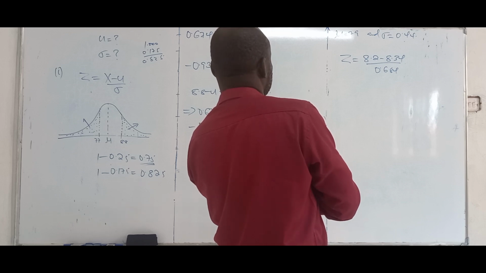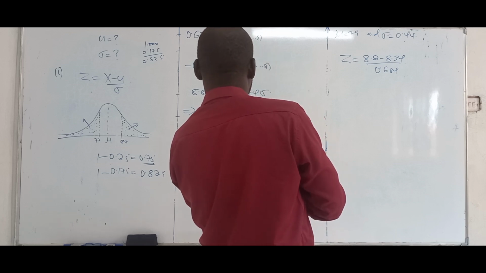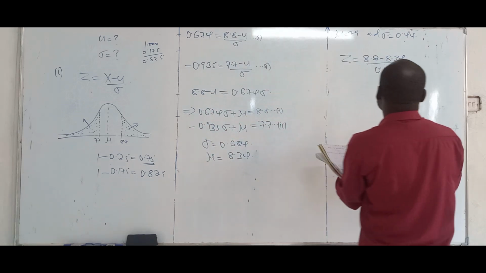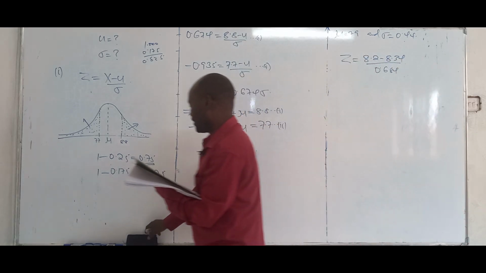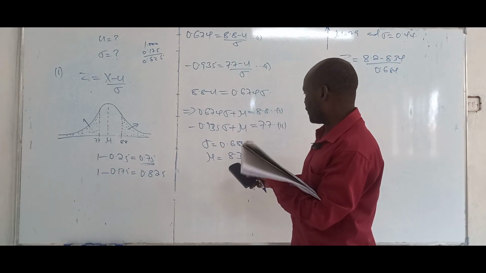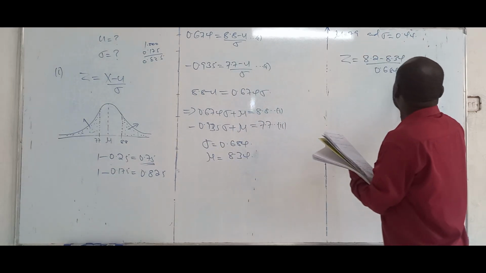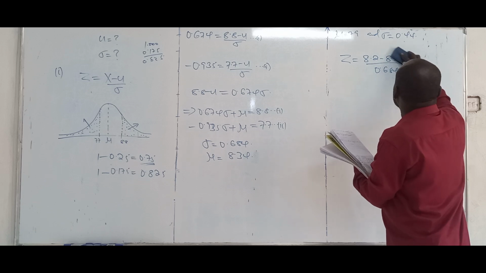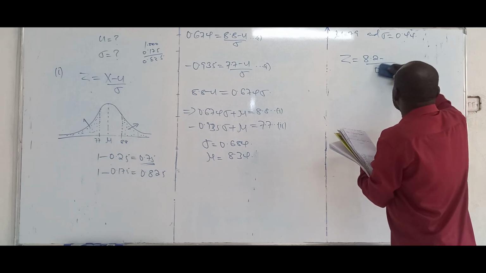Just a moment, let me see. What have I done? I'm confusing this mean with this, and this standard deviation with this. So this is a standalone. Sorry for that.